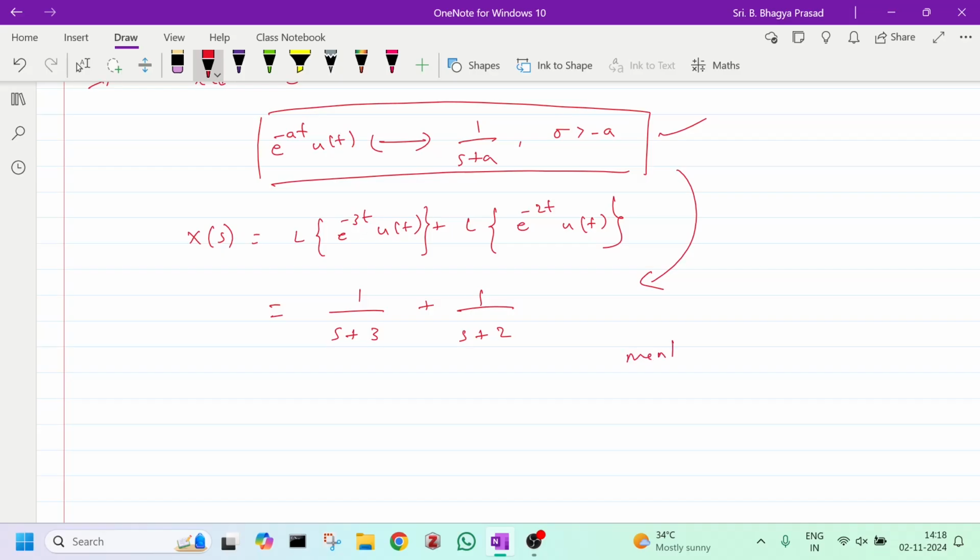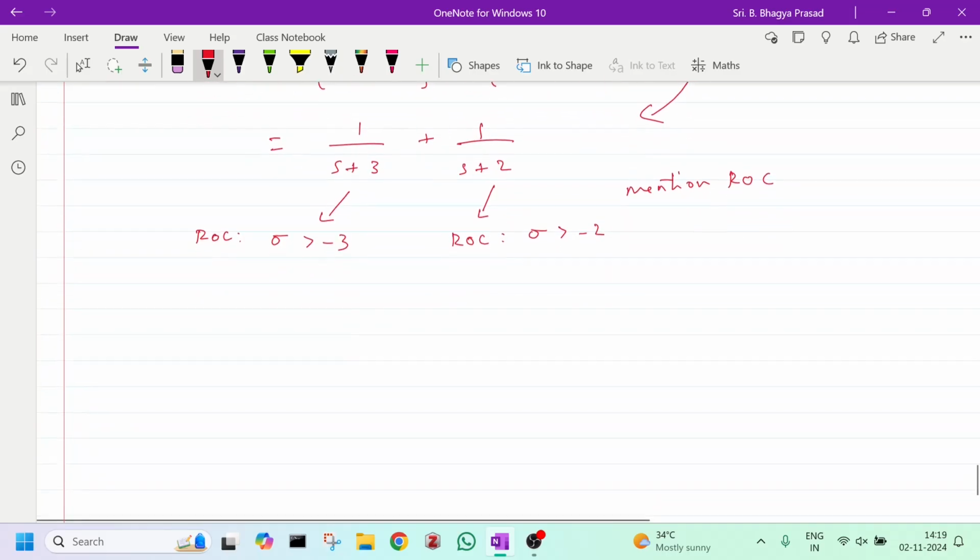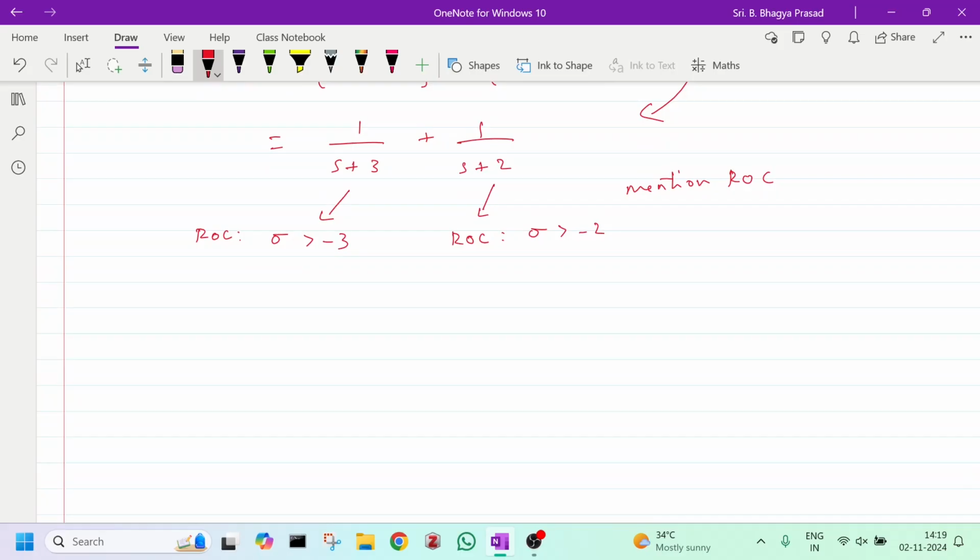Okay, mention ROC. So what will be the common ROC? For this one, this is a right sided signal and this is a right sided signal. The ROC is sigma greater than minus 3, and for this one the ROC is sigma greater than minus 2. Okay, if both signals are considered, what will be the common ROC?